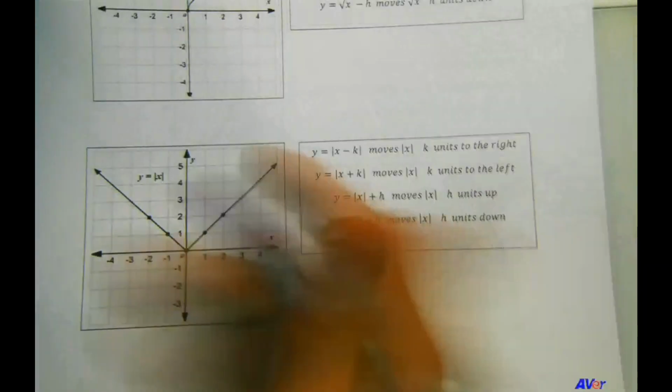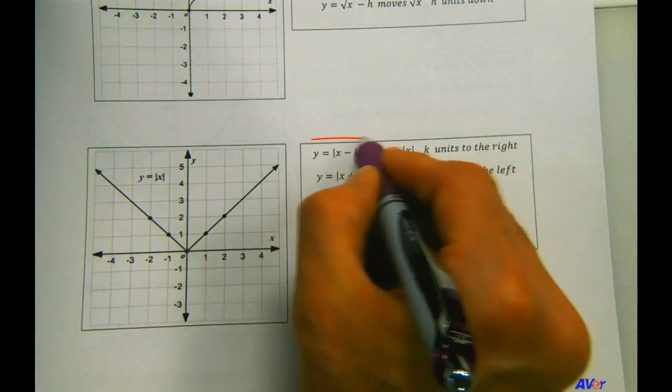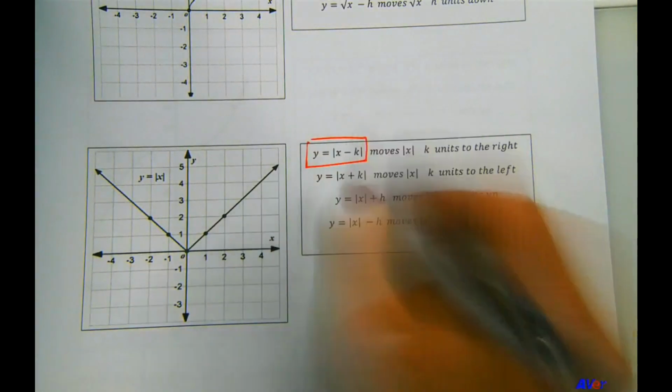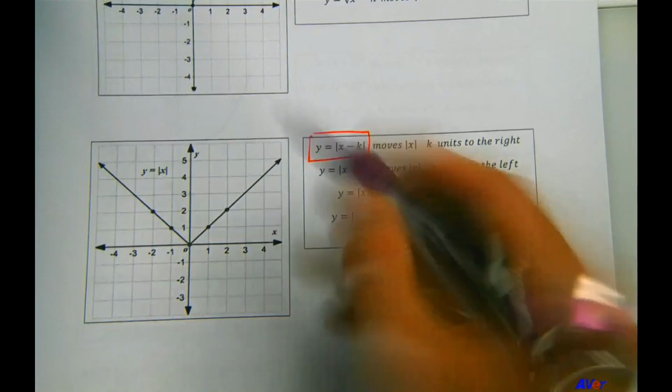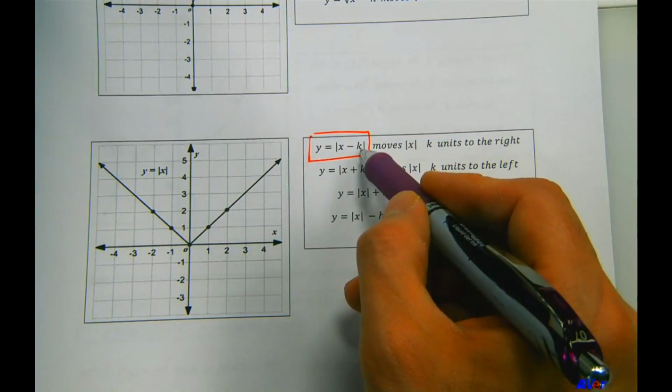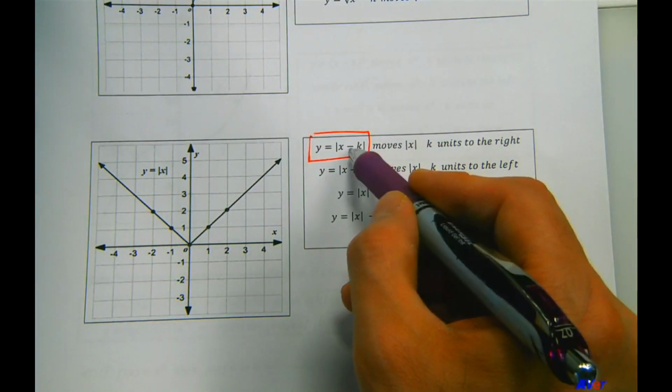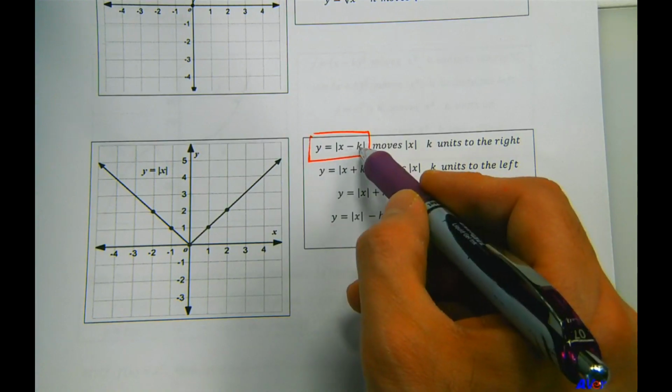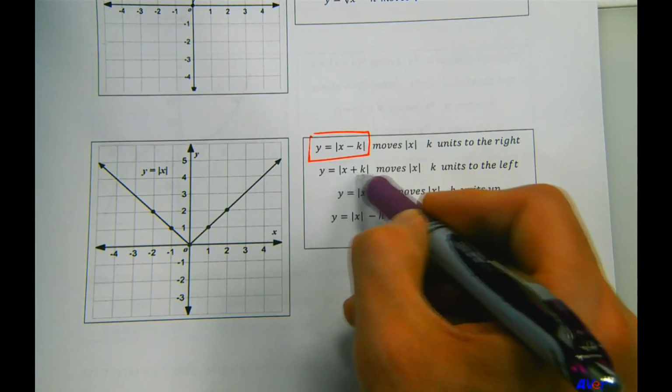And with respect to the absolute value function, the basic general equation is the absolute value of x minus k. Depending on the value of k, if it's positive, then this minus is preserved. If k is negative, then we end up with x plus k.